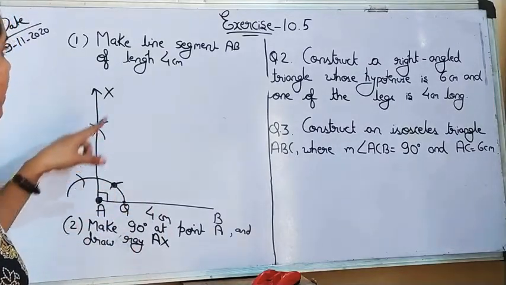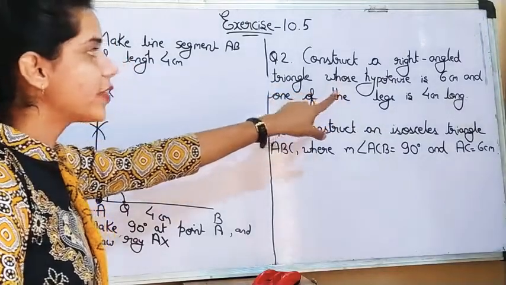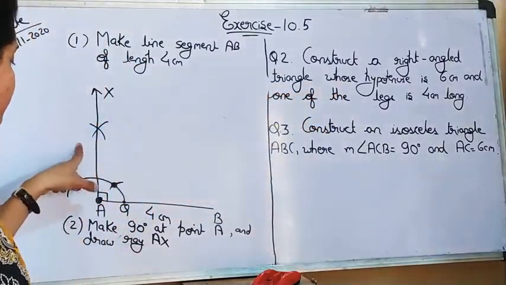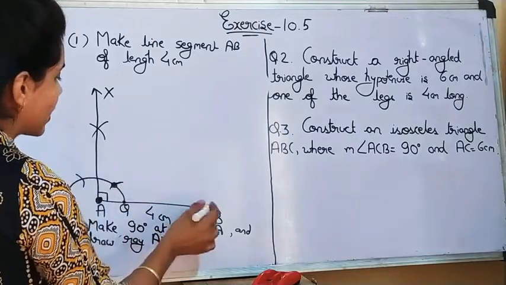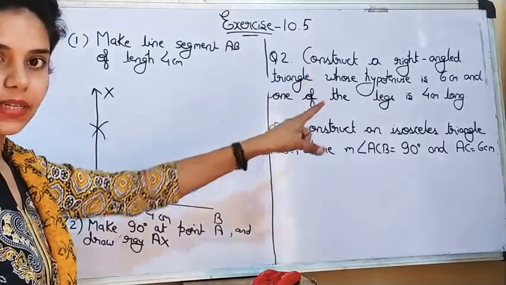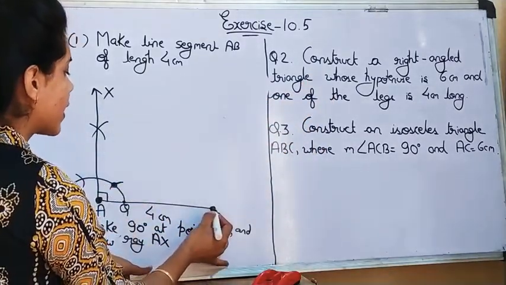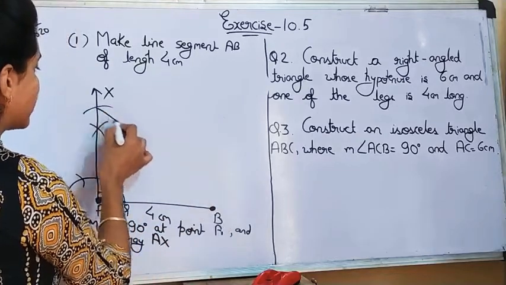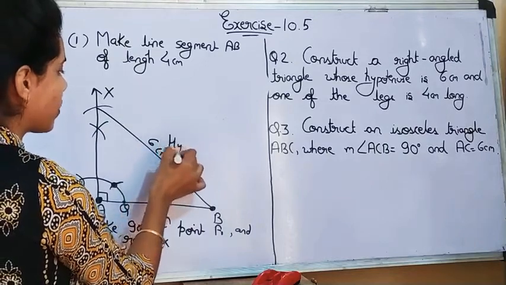Now after that they are saying that the hypotenuse is given as 6 centimeter. So open your compass to 6 centimeter of length, and from this point cut an arc here, and if you join, this will be 6 centimeter and this will be your hypotenuse.